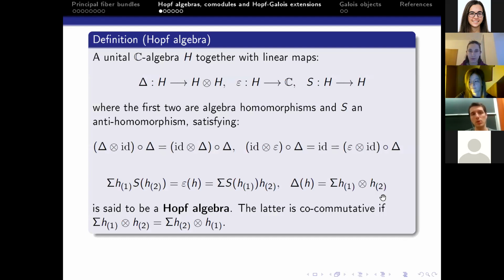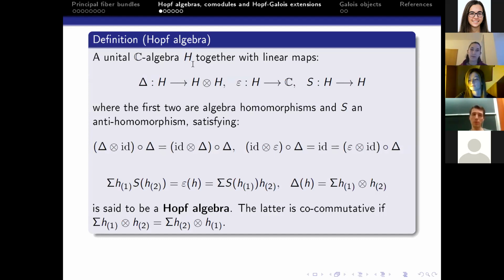And now we just give a name to all the structure we introduced. So we start with the Hopf algebra.